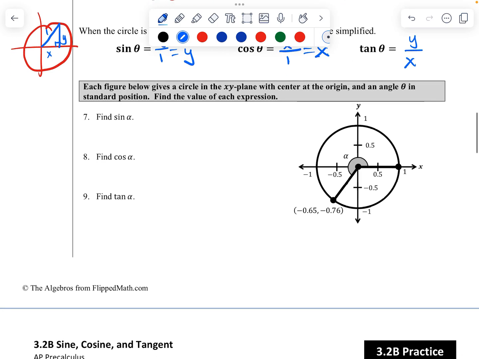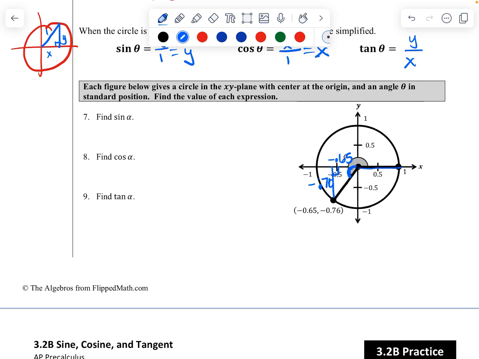So let's check this out. As you can see here, our radius is 1. Okay, so I'm going to make that right triangle: negative 0.65 backwards, negative 0.76. So sine, and again, we use just that angle to the axis here.